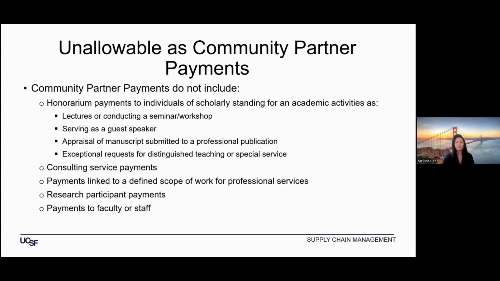I know sometimes the services are a little gray, but if it is considered one of these items, they should go on the PO and they cannot come through the community partner payment process that we talked about. And this is tying back to UC system-wide policy on purchasing, that those types do need to be reviewed, sometimes have contracts and have purchase orders, in order for those to proceed.